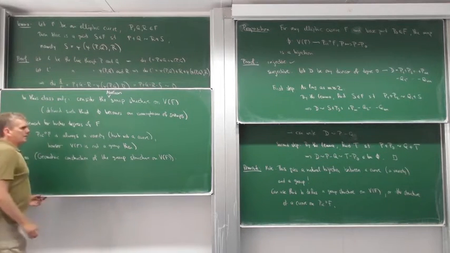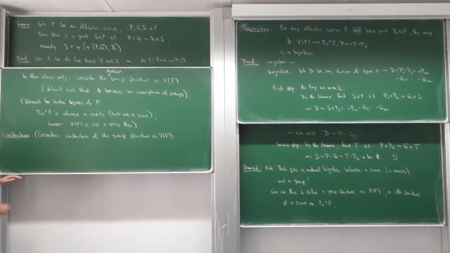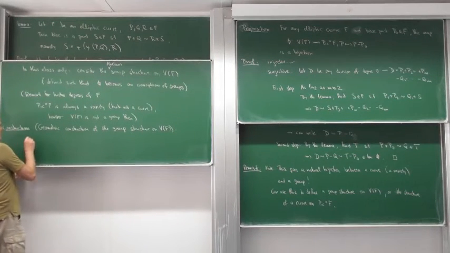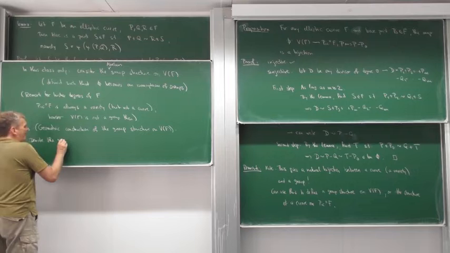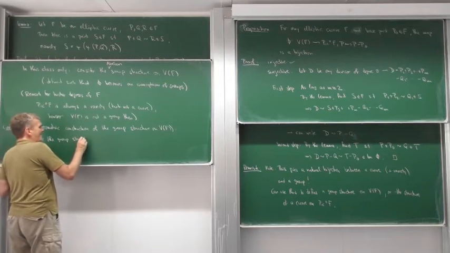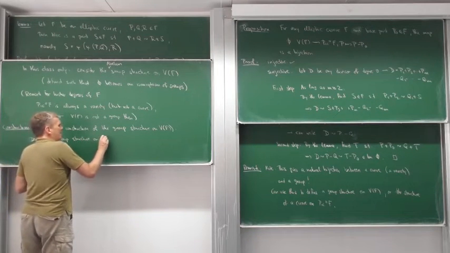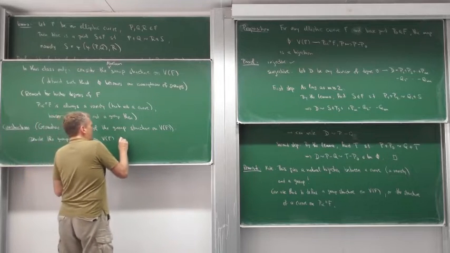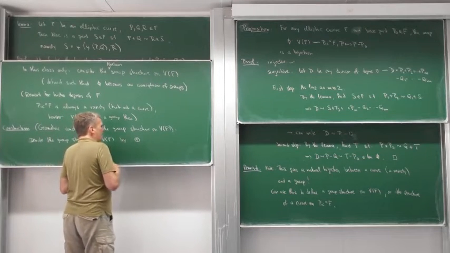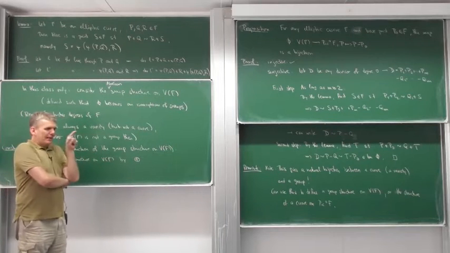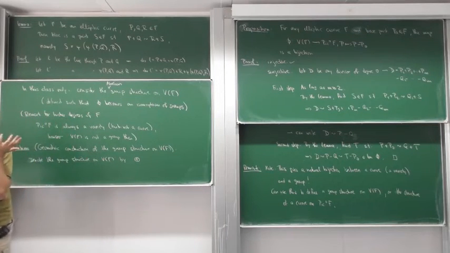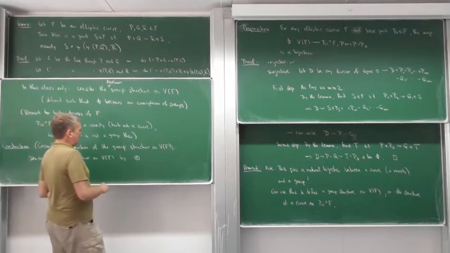And so what does it look like? So for that, to write this down, give this a specific name. So denote the group structure on V of f by, I write it with this plus with a circle around it. That is just because the ordinary plus, if we write P plus Q, looks like divisors, and just to avoid confusion, we take a different symbol for that.